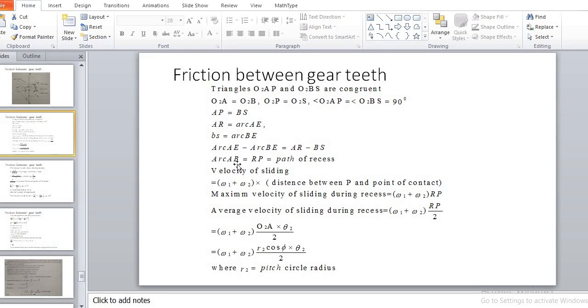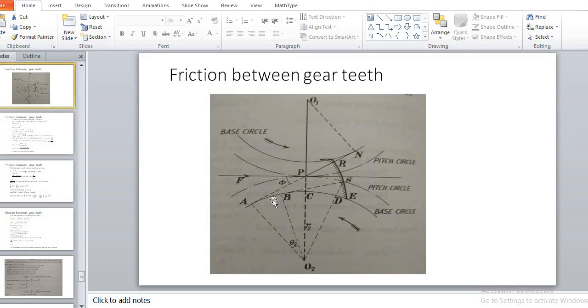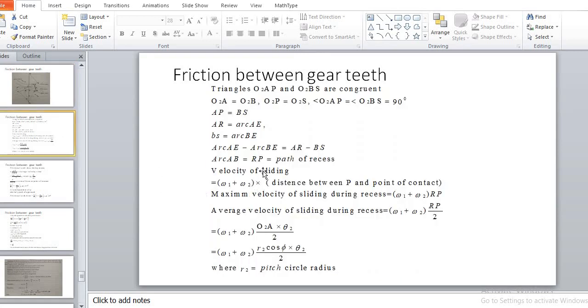Now arc AB is equal to RP. We consider this RP equal to the arc AB, and this is nothing but the path of recess.